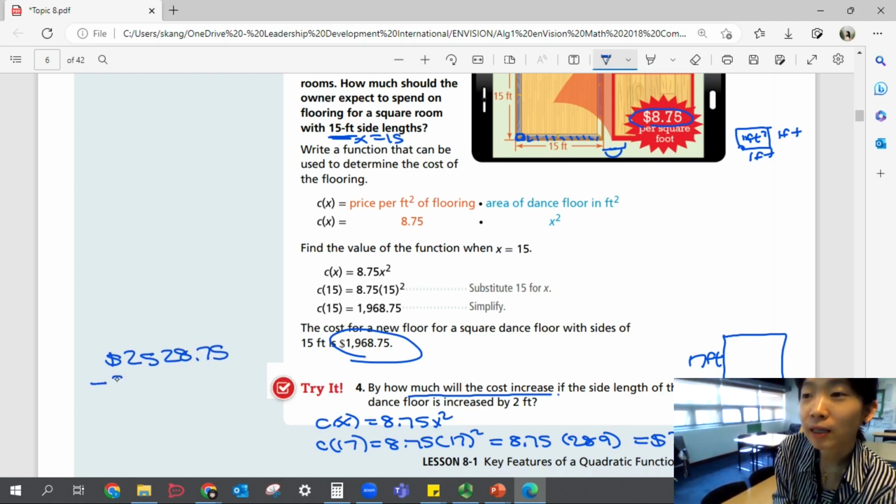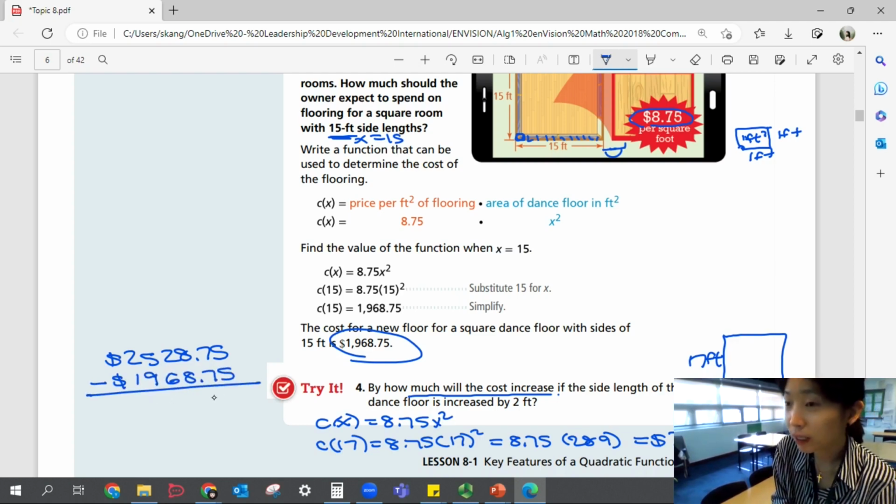2,528.75 minus 1,968.75. How much did it increase? 560. It increased by 560.